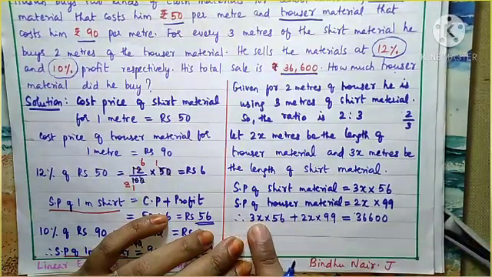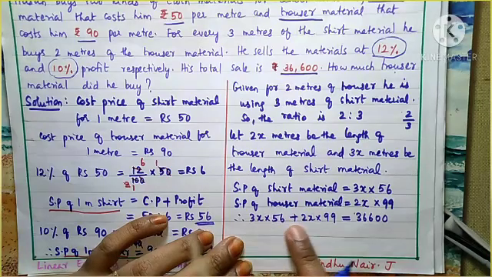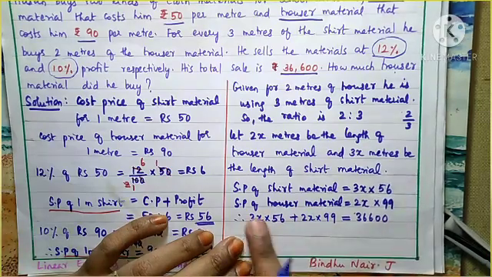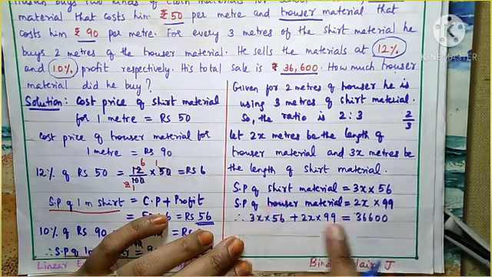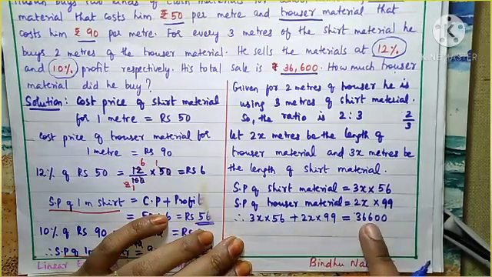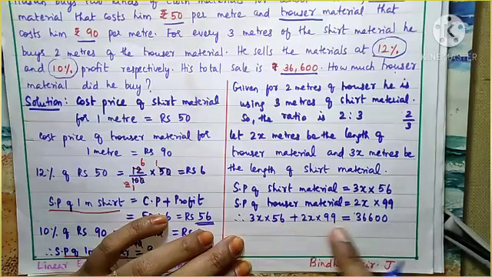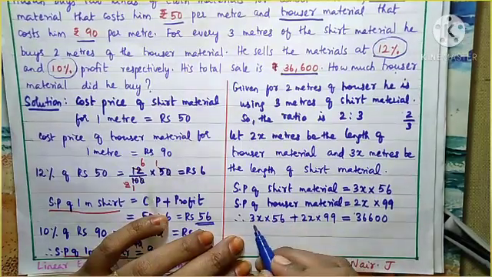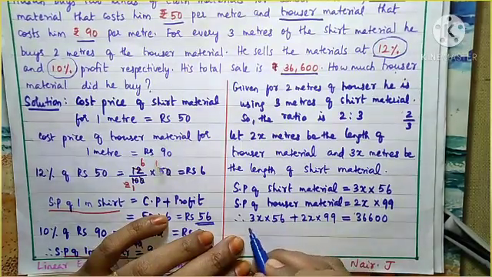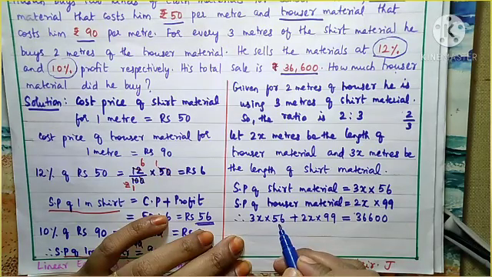So thus we reached an equation, that is total selling price is given to be 36,600. Okay, now we need to simplify the equation. What is 3x into 56? Multiply 3 by 56. All of you multiply in the working column.